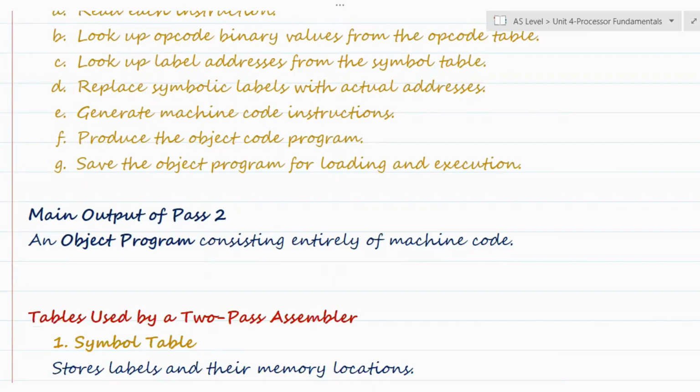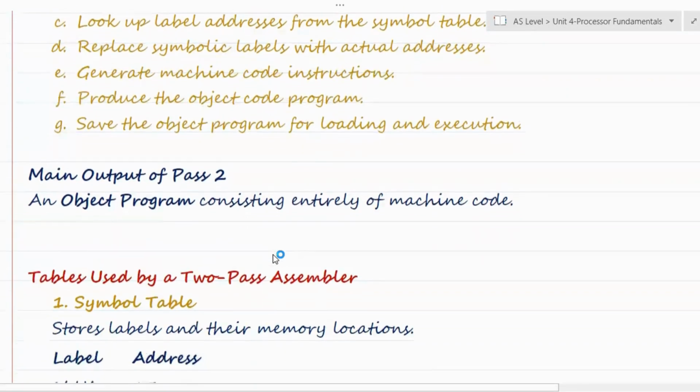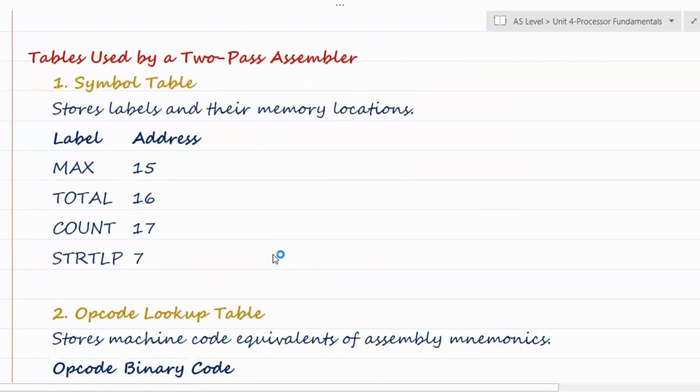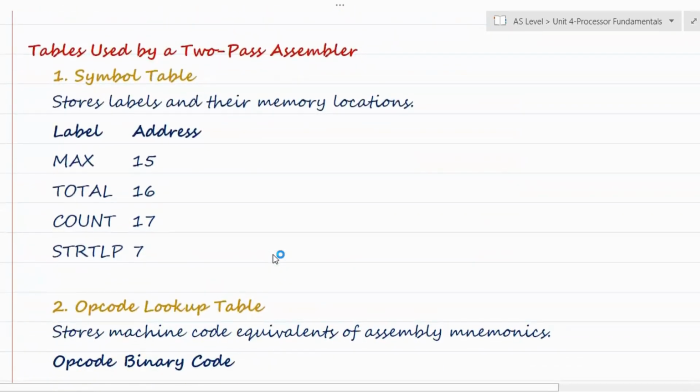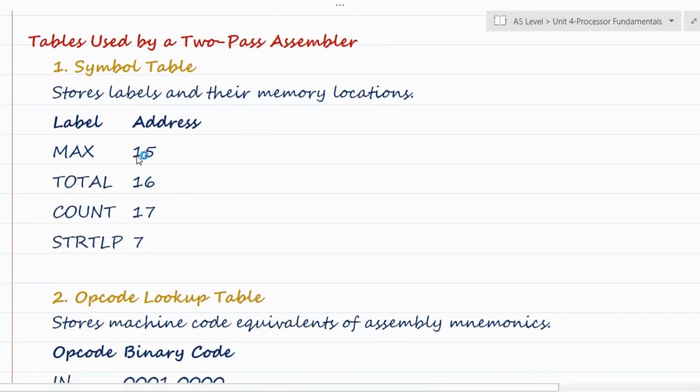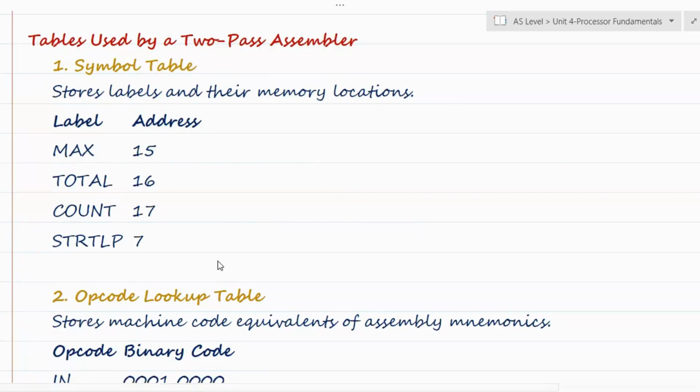And a two-pass assembler uses a few tables, mainly the symbol table and the opcode lookup table. The symbol table stores labels with their memory locations, with all the labels on one side and their addresses on the other side.